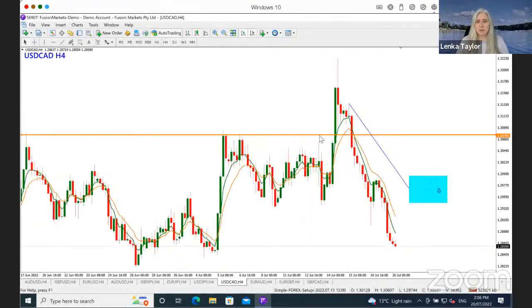So I would be looking on the 4-hour time frame for some pullback first. Sorry, I'm looking at a pullback to the trend line and then looking for a short opportunity. So what I'm looking for is the price to come up by the time that trend line might be somewhere here, and then looking for short opportunities after that.